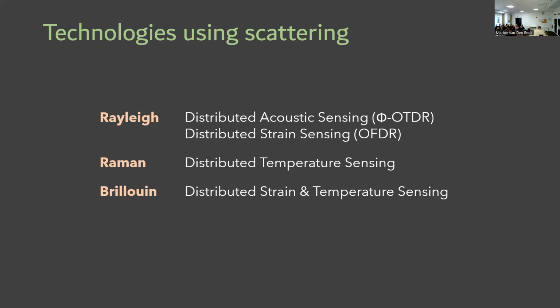With DAS, you get excellent range and time sampling resolution, relatively poor spatial resolution, but good enough for geophysics. But with OFDR, we can achieve a spatial resolution of the order of a millimeter or less at the cost of a much lower temporal resolution, usually around 1 Hertz. But then based on the other two types of scattering, we can do distributed temperature sensing, and we can do distributed strain and temperature sensing, so measuring strain and temperature at the same time.